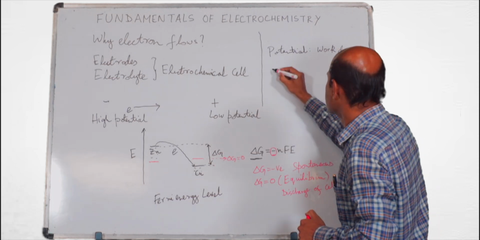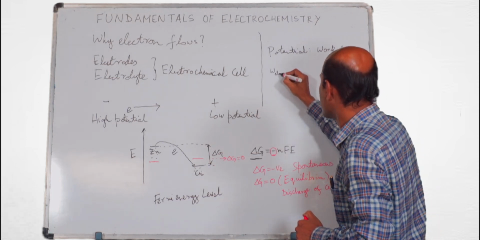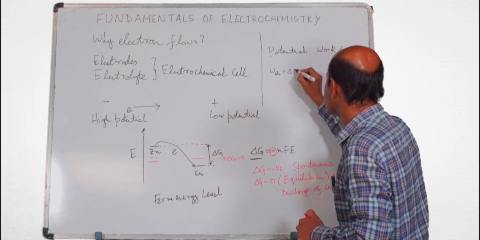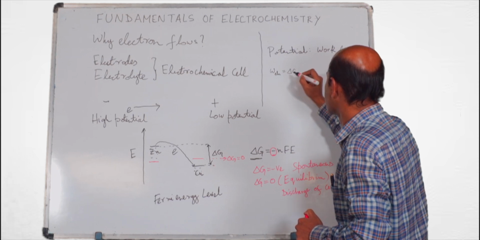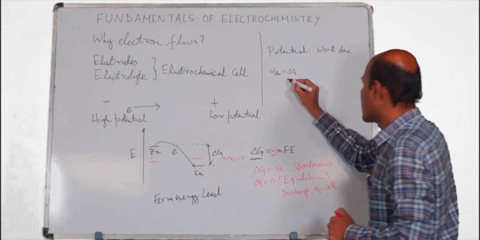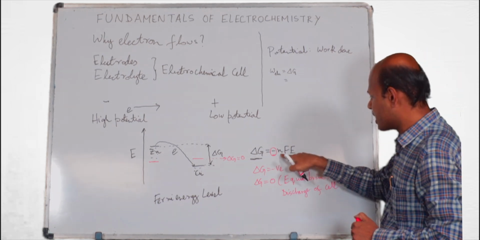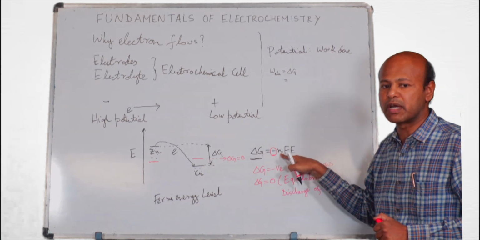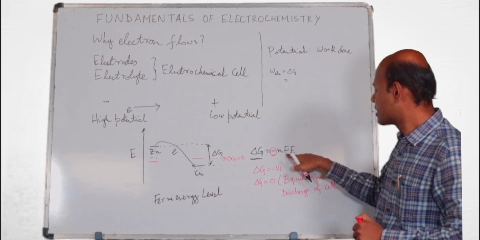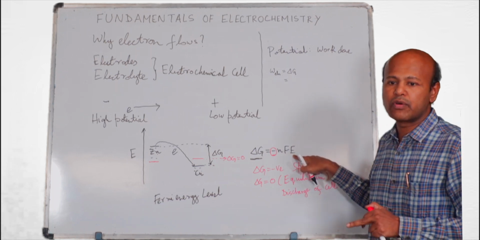So this electrical work which you are getting, W_elec, is nothing but the free energy change. As I have related here, n is the number of electrons per mole involved in this process, F is the Faraday, and E is the electrode potential.